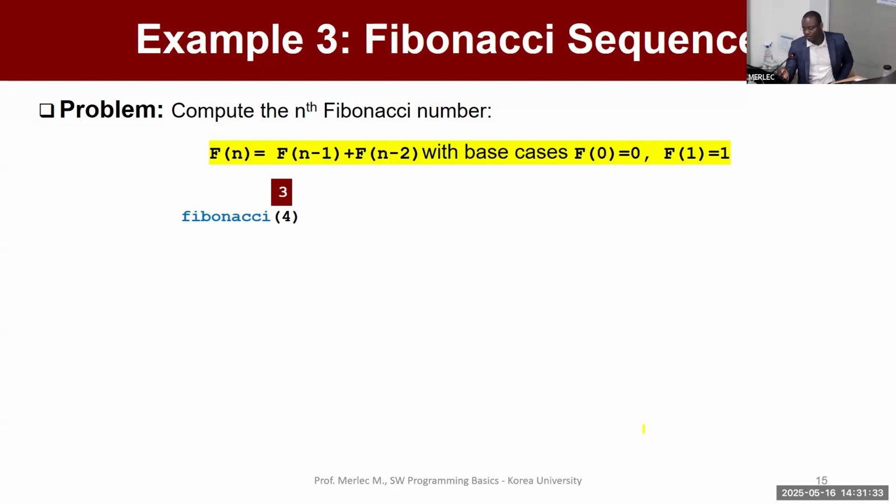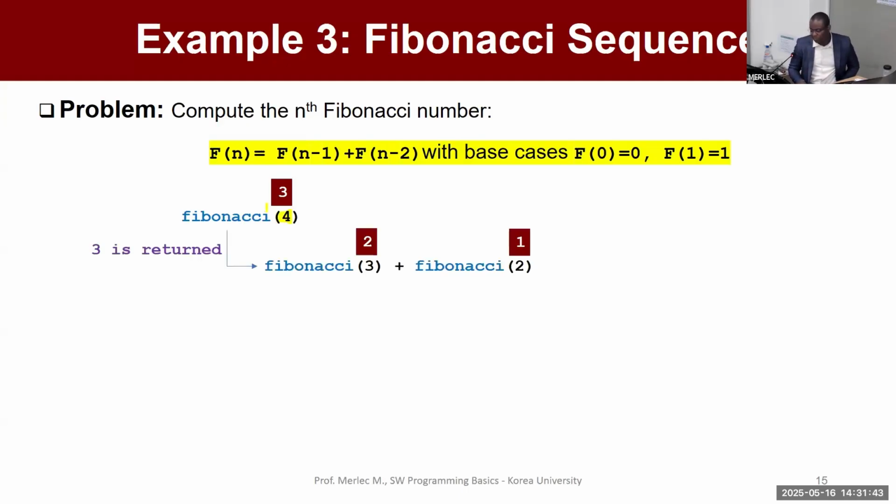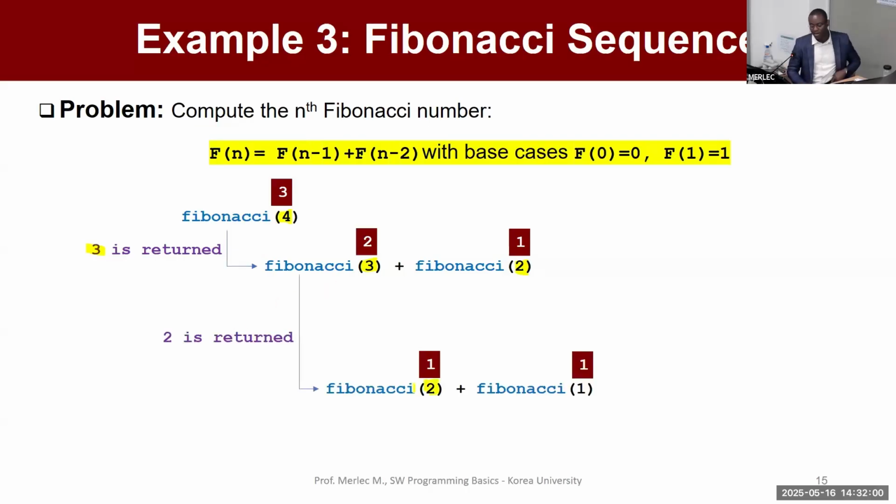First, when I call the Fibonacci, it will go through the tests, and then it will go to the else case. It will calculate the Fibonacci of 3, and then this 3 will be returned to this function. And then this function, Fibonacci n-1 plus n-2, will be receiving a parameter of 2. This will return 2 here to this function call, and then the second part will be receiving 1 as a parameter.